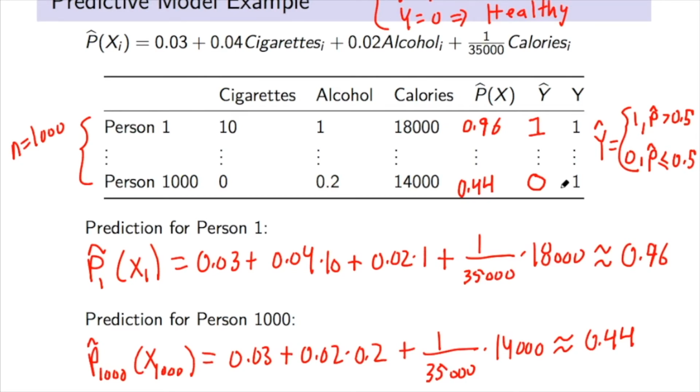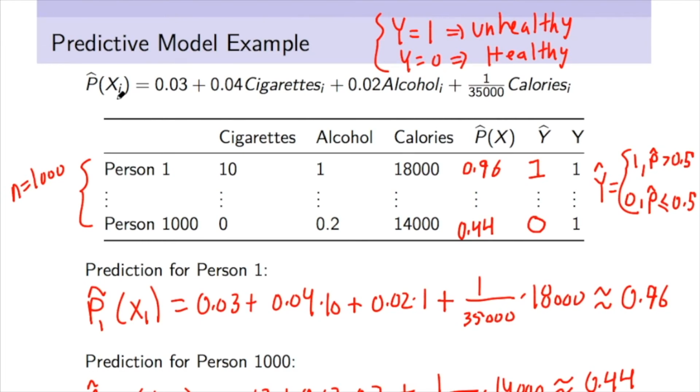So once we compute our predictive model, we can use it to predict whether y is equal to 1, meaning that the person is unhealthy, or whether the person is healthy, where our predicted value y hat is equal to 0. And once we get our prediction, what we can do next is check for accuracy to see how good our predictive model is.